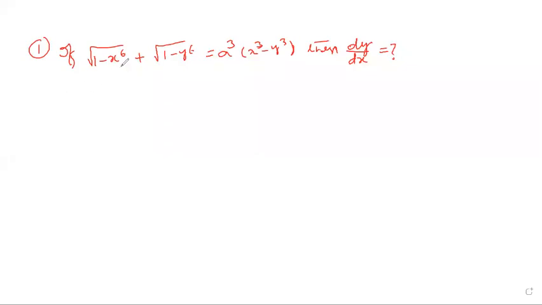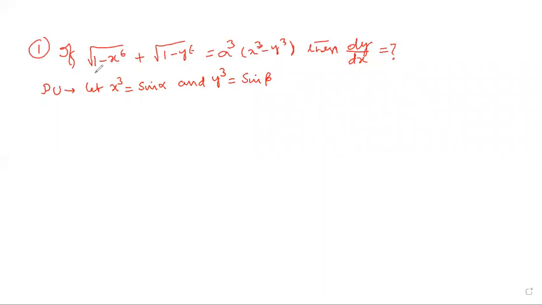We are going to take x cube is equal to sine alpha. First, in the PU method, let x cube is equal to sine alpha and y cube is equal to sine beta.